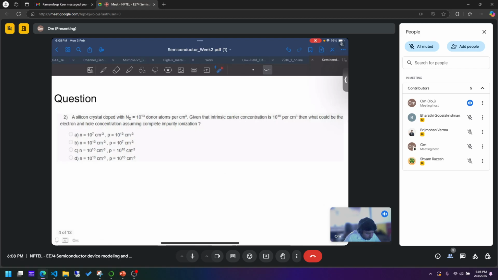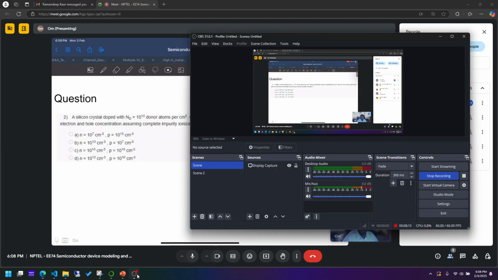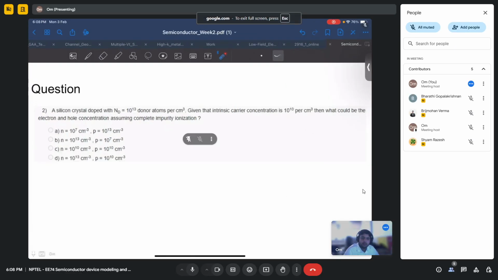A silicon crystal doped with Nd 10 to the power 13 donor atoms per centimeter cube. Given that the intrinsic carrier concentration is 10 to the power 10 per centimeter cube, what could be the electron and hole concentration, assuming complete impurity ionization? So, can you guys attempt it? Then we will solve it.